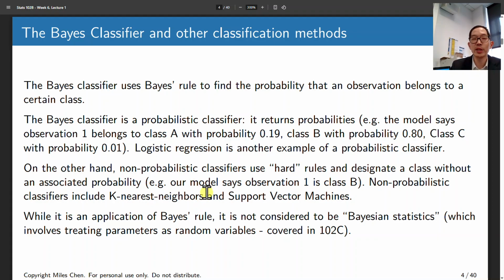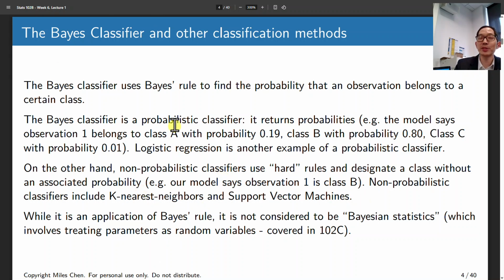So we have these non-probabilistic classifiers, and they use these quote-unquote hard rules without any kind of probability, and it'll just say something like, our model predicts observation 1 is class B. No probability assigned there. And we'll take a look at some of those later. We have k-nearest neighbors, which is a very common classifier, as well as support vector machines, okay?